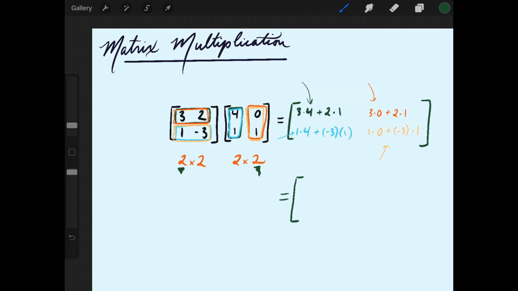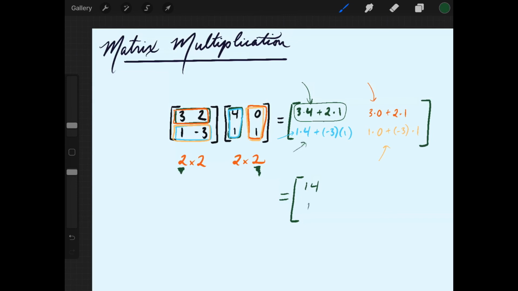So we're doing this process in a slightly different order than last time, but it's the same basic idea here. We're just simplifying our work at the end rather than bit by bit. So what does my first row, first column turn into? Well, 3 times 4 is 12, plus 2, that's 14.